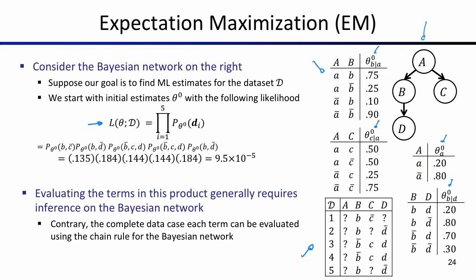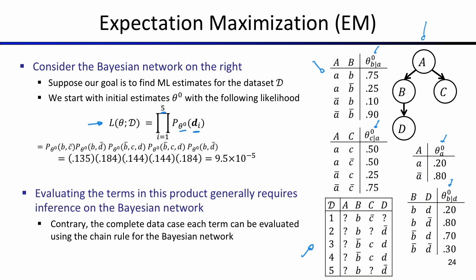It's going to be the multiplication over the 5 cases that we have, so this number 5 here, of the probability under theta 0, our first estimate, for each case i.